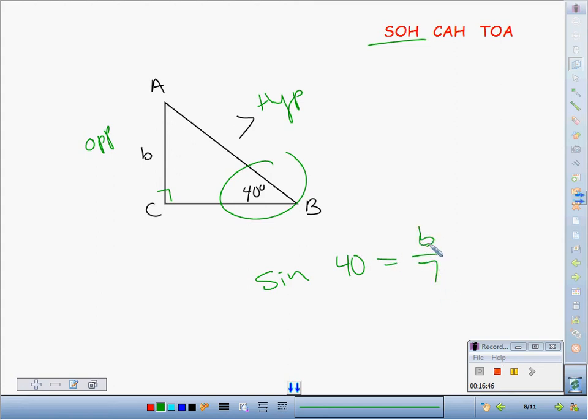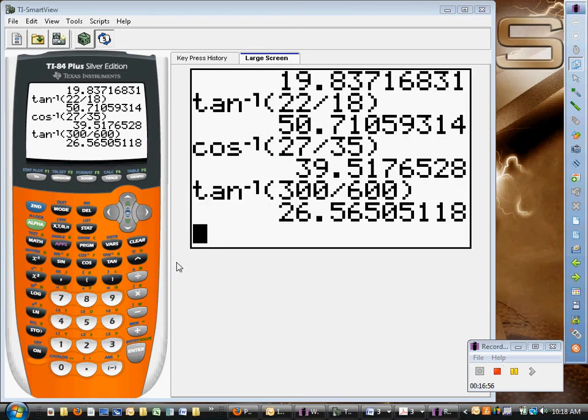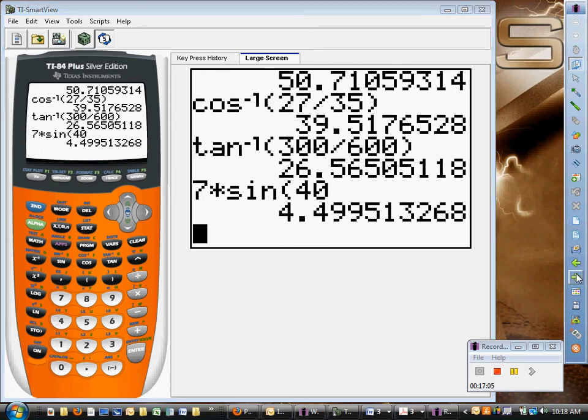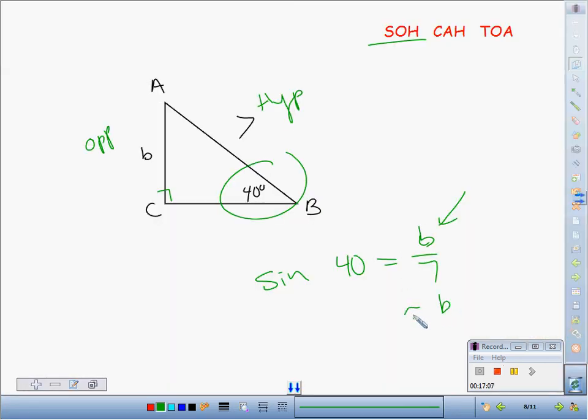So I'm looking for b. This is not an inverse situation because I do know the angle measure. All I need to do is multiply both sides by 7 to get b all by itself. Since that's upstairs, that's good. So I will do that in my calculator. 7 times the sine of 40 equals about 4.5. So b is about 4.5.